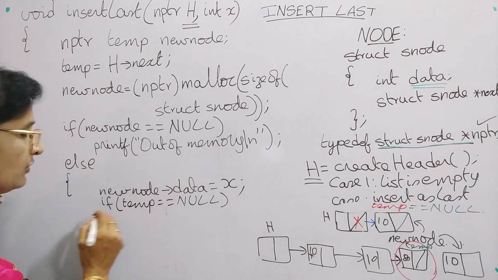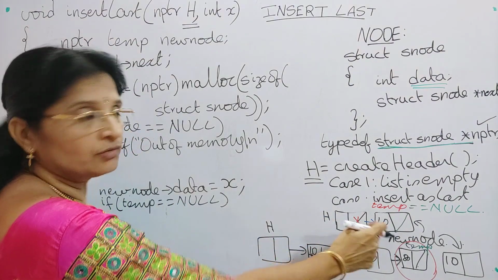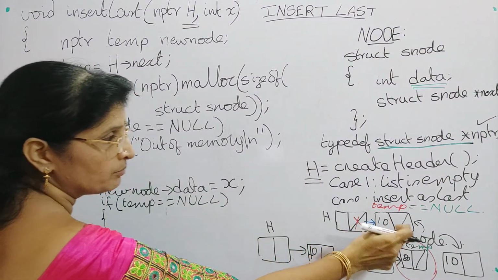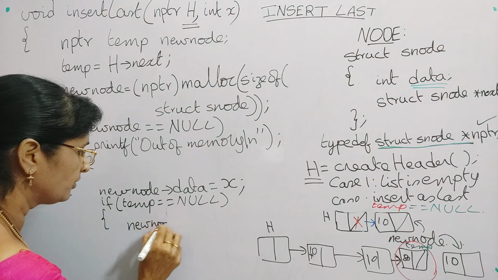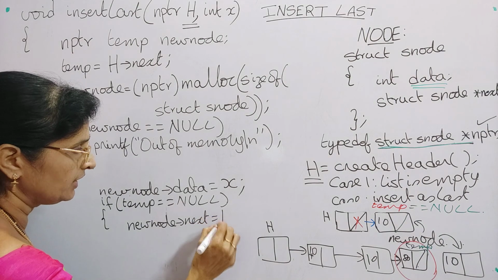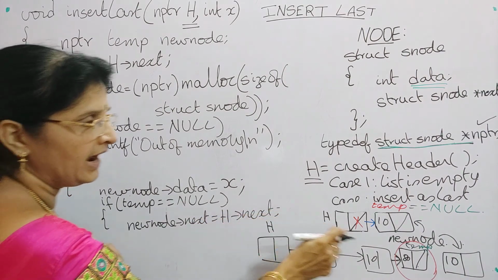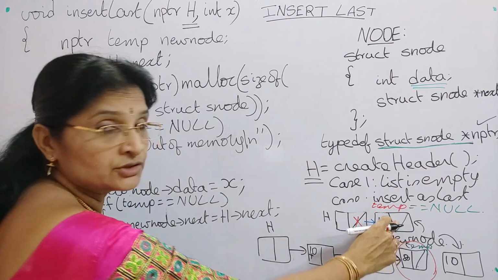So then what can we do? Our new node becomes the first node. First we can modify this link, that is new node next is equal to hnext. In hnext what do we have? We have null. So null is placed in this new node.